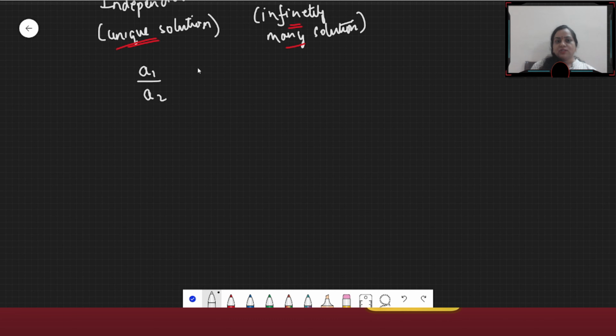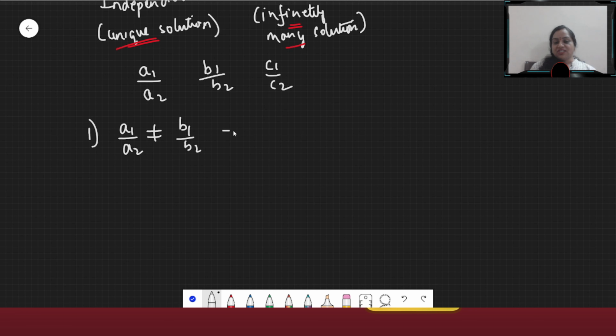That is your a1 by a2, b1 by b2 and c1 by c2. So there are three conditions here. Let's look at the first condition: if a1 by a2 is not equal to b1 by b2. In such a case, we are just comparing the first two ratios and seeing that they are not equal to each other.